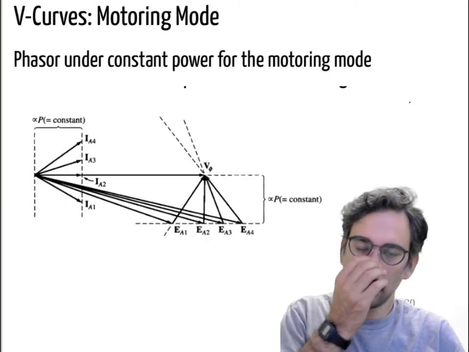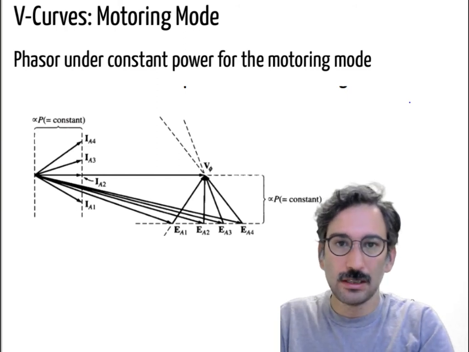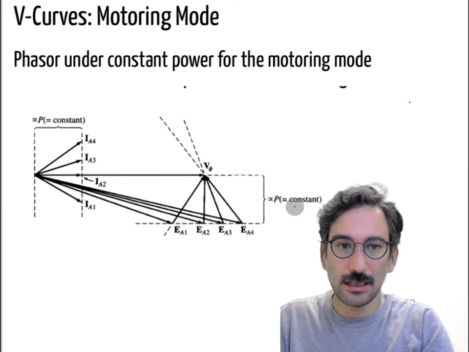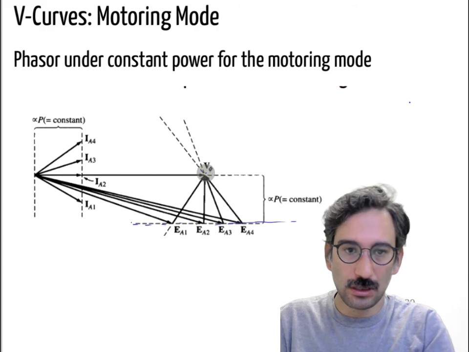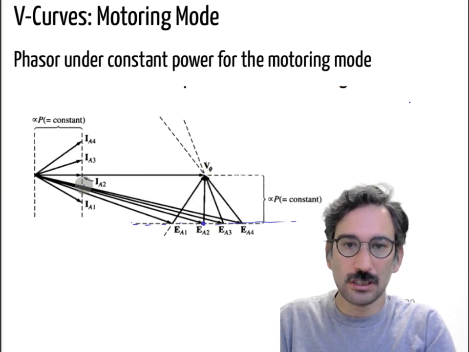Here you see the same graph, and as it is still working in the same constant power operation, it is only moving along that circle. If you are working at unity power factor, then you have the minimum EA.